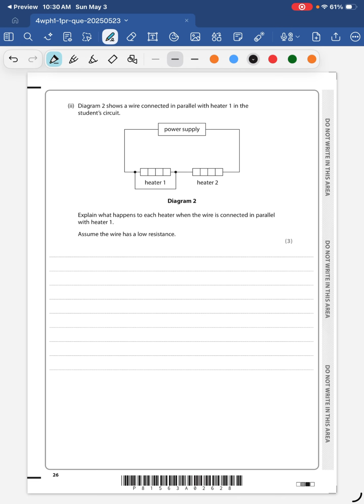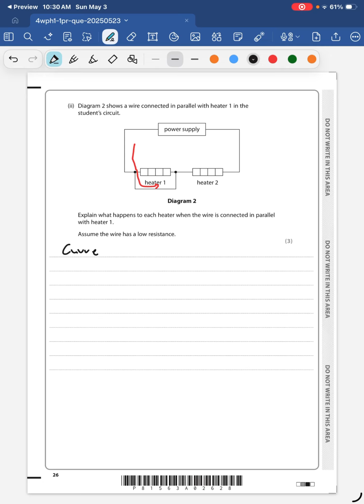Part 2. Diagram 2 shows a wire connected in parallel with heater 1 in the student's circuit. Explain what happens to each heater when the wire is connected in parallel with heater 1. Assume the wire has a low resistance. So pretty much what's going to happen is that the current will not go through heater 1. It will go through the cable instead because it has a lower resistance. Okay. So let's write that down.